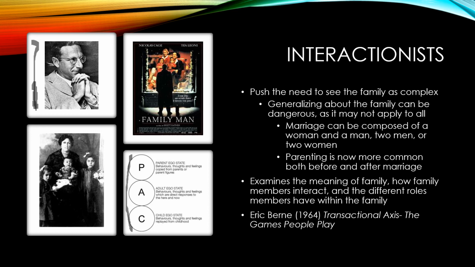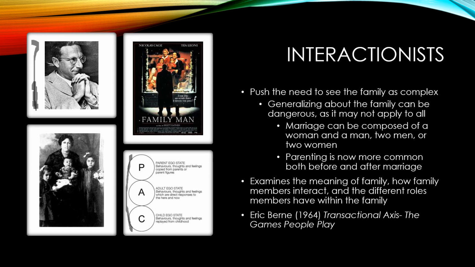In the parent state, you have behaviors, thoughts, and feelings that are basically copied from your parents or from your parental figures. And so therefore you use your parents to figure out how to behave, think, and feel.